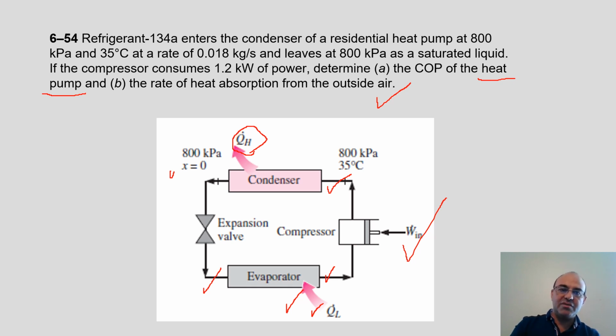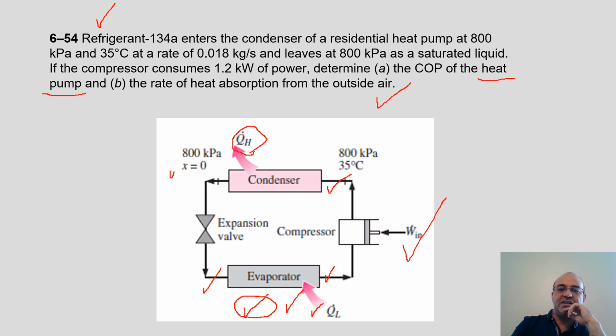So even though we are using refrigerant, the cycle is actually a heat pump. In other words, the cycle for a heat pump and a refrigerator is the same. The purpose is different. If you want to cool this area, then this is a refrigerator.